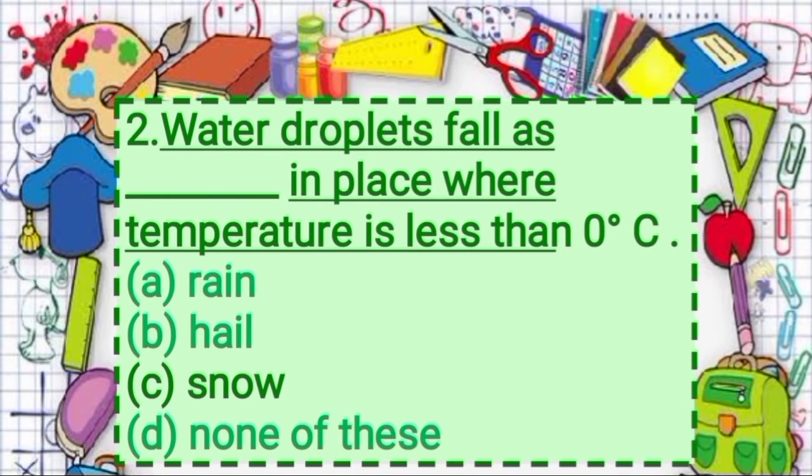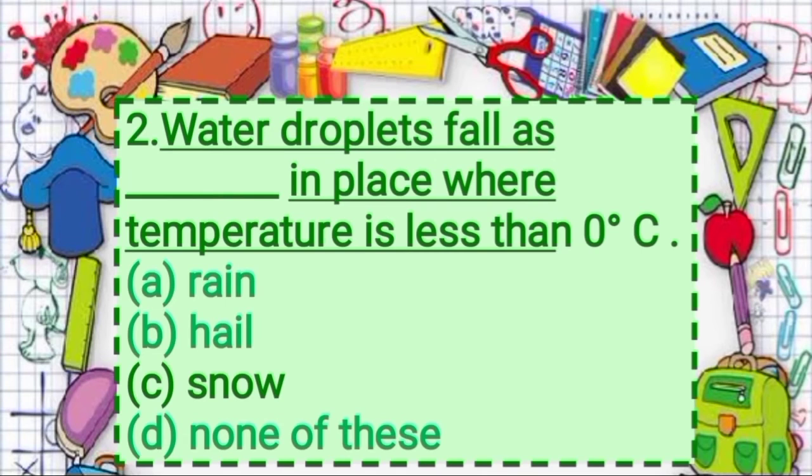Now next question. Water droplets fall as dash in a place where temperature is less than 0 degree Celsius.